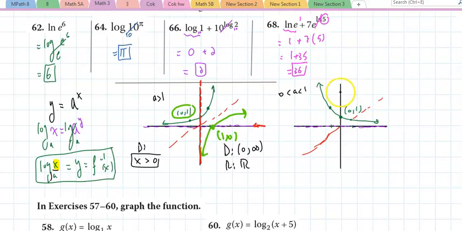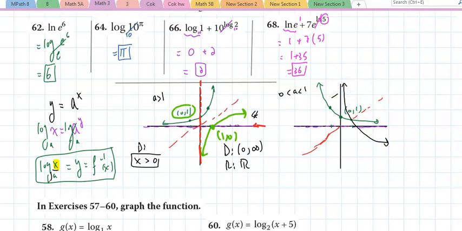And if I go to this graph, here it's easier to look at this. And if the base is between 0 and 1, this graph will just reflect, and it would look something like this.